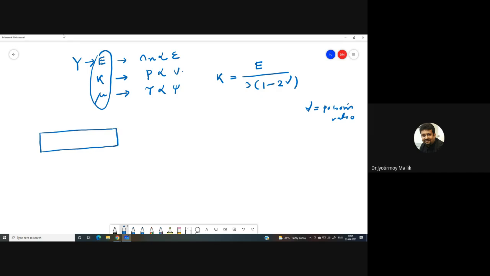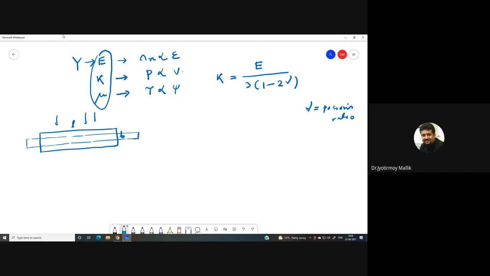Just to be clear once more, suppose I have a material which has a breadth of B and length of L, and after application of some stress, it gets strained, and what we see is that it thins out, but it extends. So if I compress it from this side, it will be thinned out and it will extend.